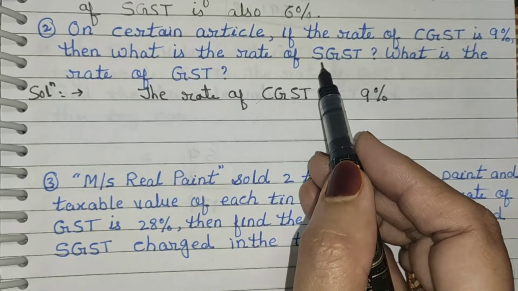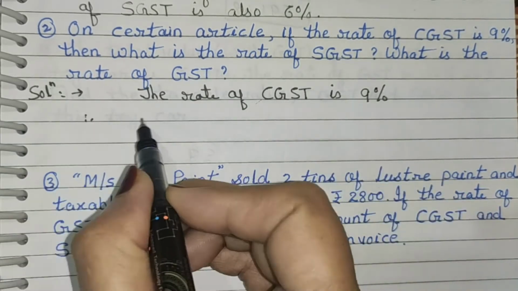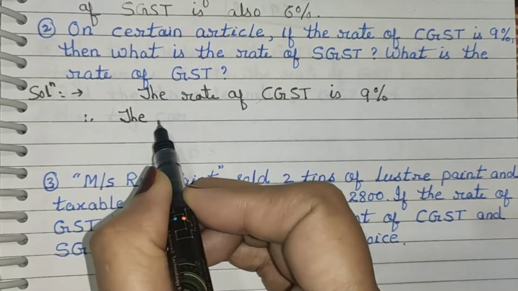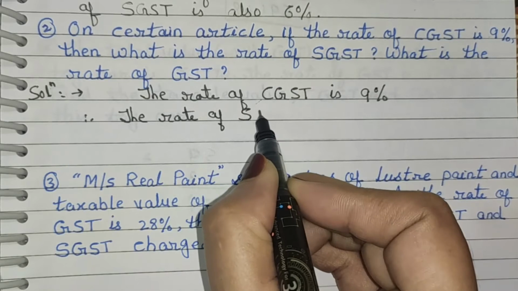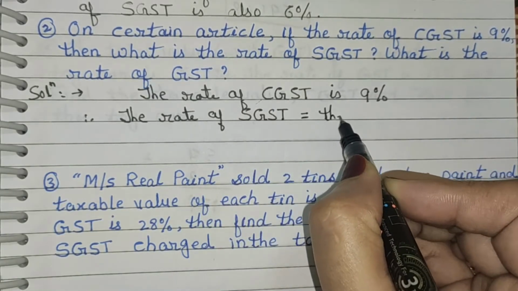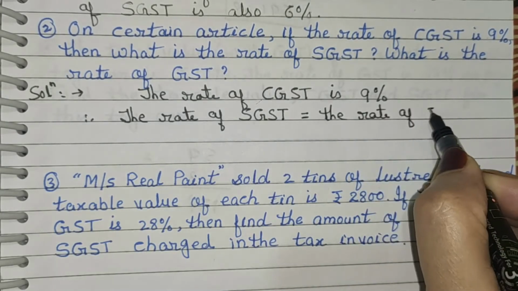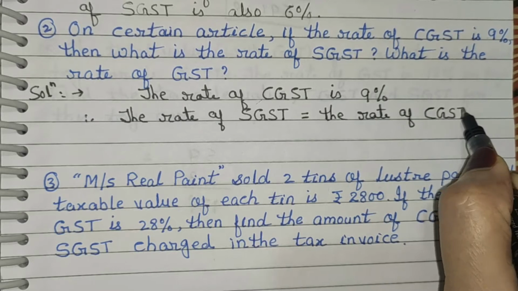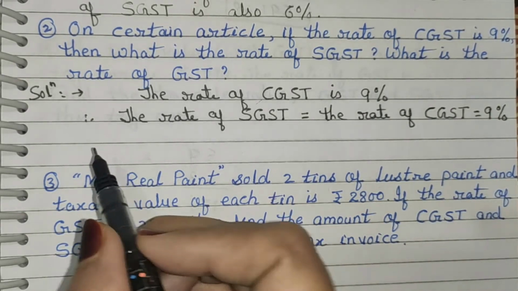Now what is the rate of SGST? Now we know that both rates are equal. Therefore, the rate of SGST is equal to the rate of CGST, which is also equal to 9%.